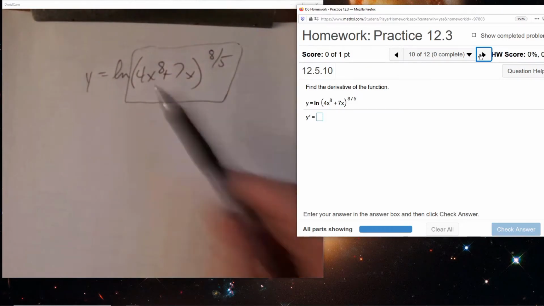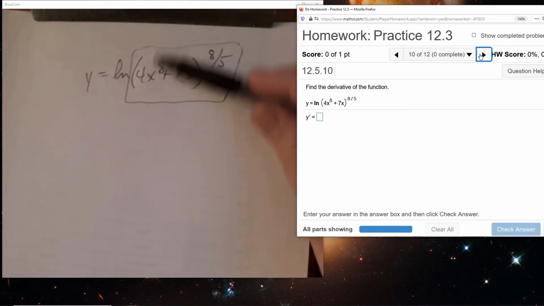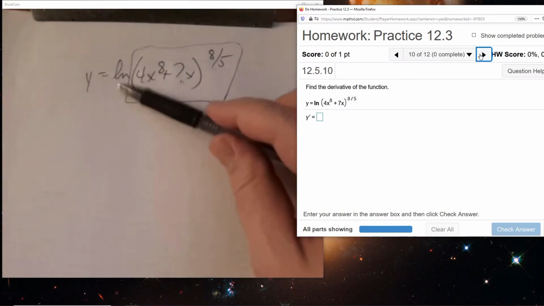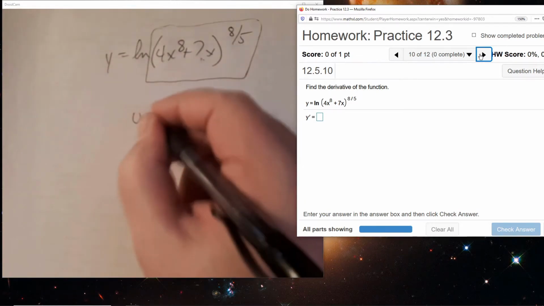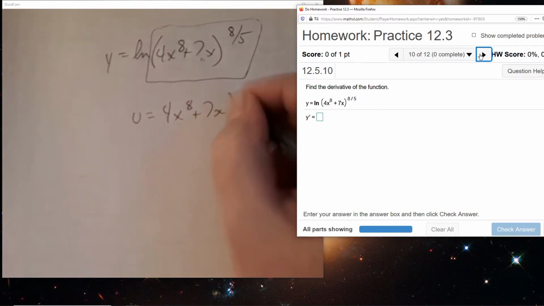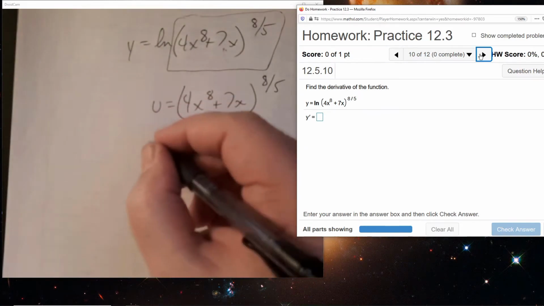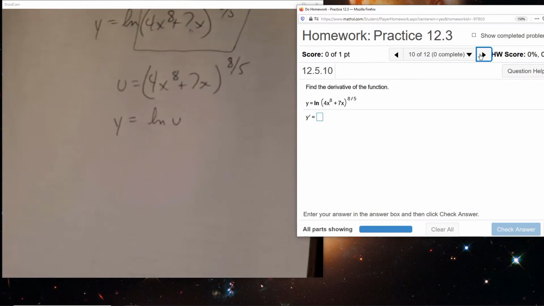How do we know it's a power? Because x is in a base. Here's our exponent. This power function is going inside the log function. So we define the inside function as u, which makes the outside function much simpler.